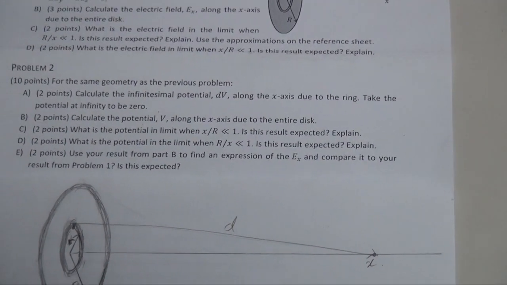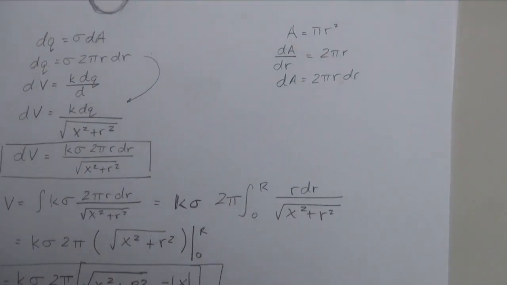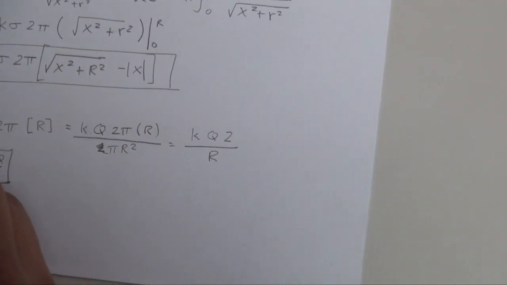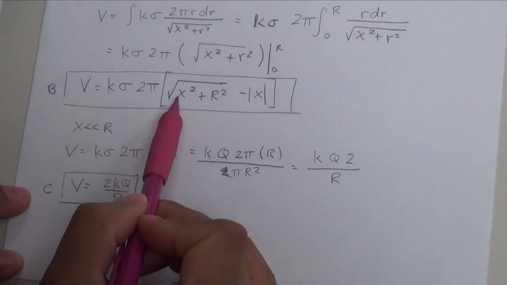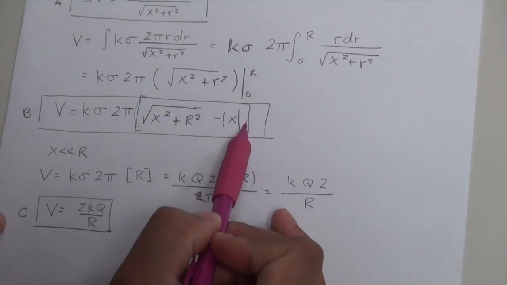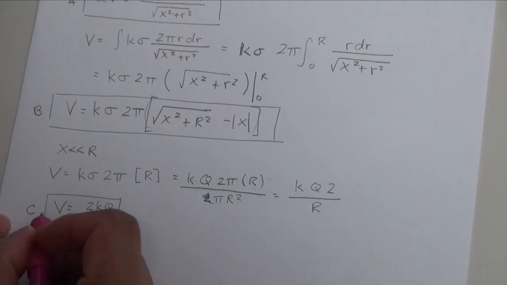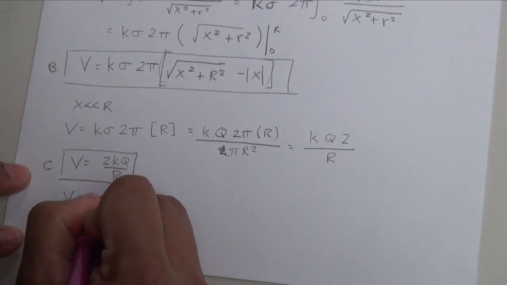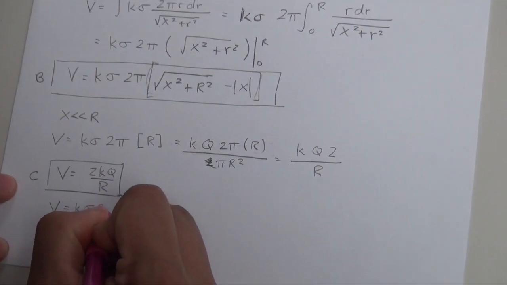Is the result expected? So the first part of D, we'll look at this equation again, and we'll distribute x squared from this entire part of the equation. So it becomes V equals K sigma 2 pi.